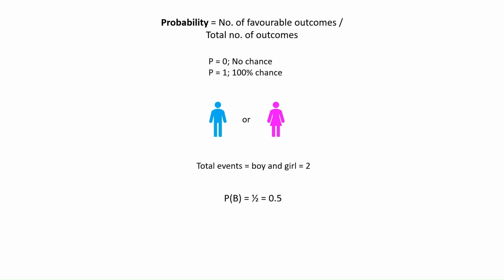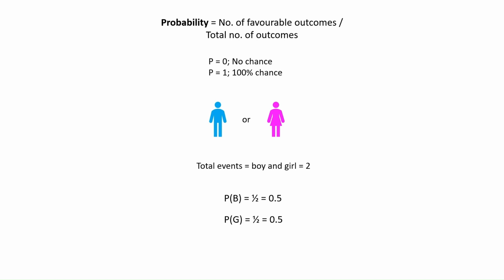The favorable outcome is 1 and the total number of outcomes is 2, because a boy can come and a girl can also come. So the probability for a boy is 1/2, that is 0.5, and the same for a girl. The probability of a girl is 1/2 because the favorable outcome is girl, that is 1, divided by the total number of outcomes. It can be a boy, it can be a girl, so 2, that is equal to 0.5.